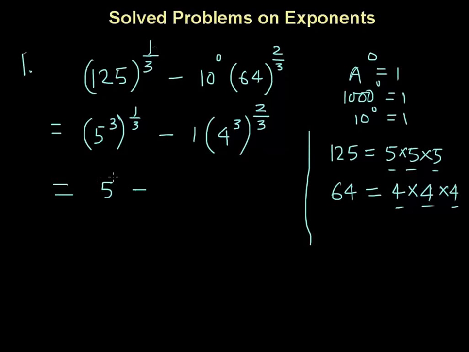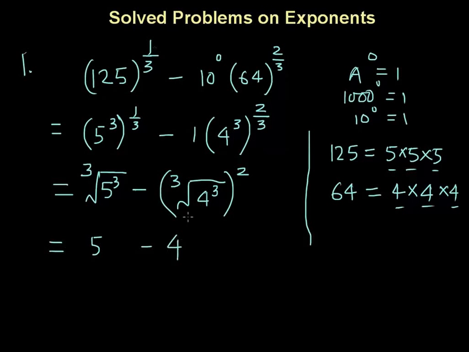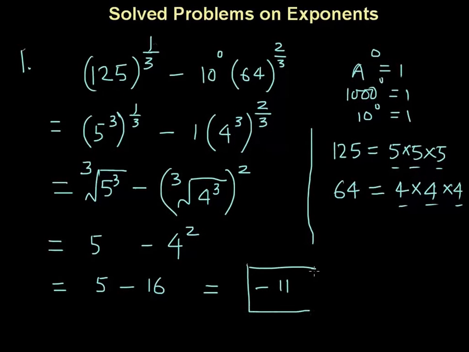If you want to write the same with cubic root, I can rewrite it as 5 to the power 3 under the cubic root, and again rewrite 4 to the power 3 with a bracket and 2. Next step, you get the same thing: 5 minus 4, powers cancelling, and then you have a square here, which gives 5 minus 16, and that is simply minus 11, and that is your final answer.